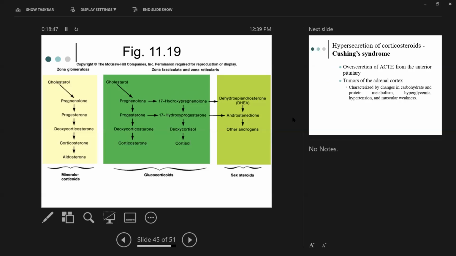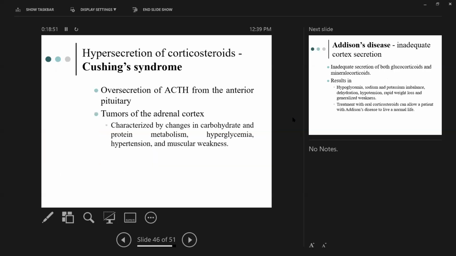And if you hypersecrete those, you have a condition called Cushing syndrome. Now, you may not necessarily have a tumor that causes this. Your cortex may simply oversecrete it, or you may be taking drugs that mimic glucocorticoids, like prednisone. Take large amounts of prednisone, and that can actually induce it artificially. That's called secondary Cushing syndrome.